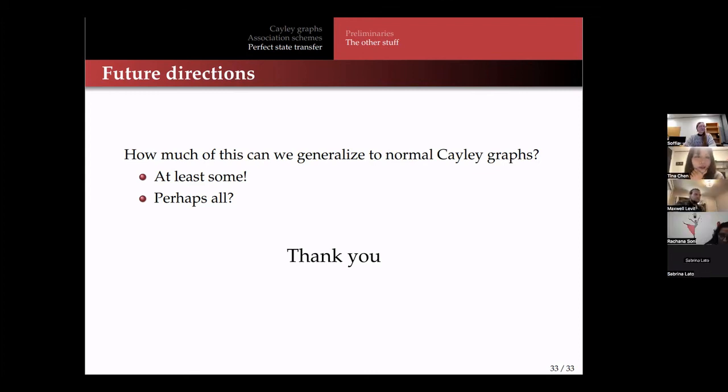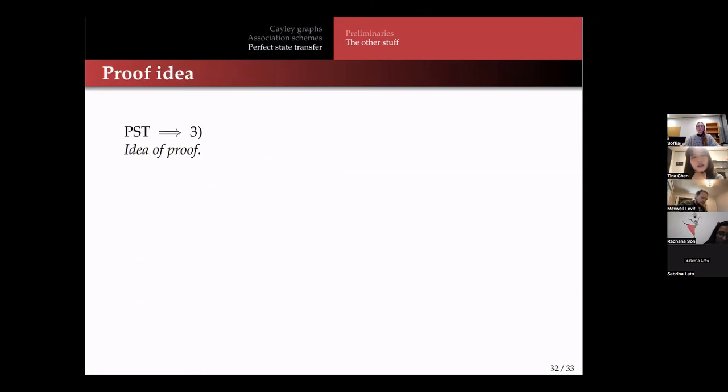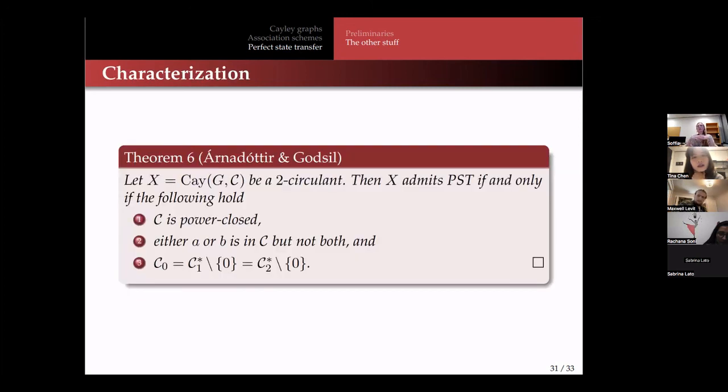Okay, so I was actually wondering, you say you can generalize it to some of the normal Cayley graphs, or like some of the properties can be generalized to normal Cayley graphs? So yeah, they could. I'm hoping that some of these things that we have done, and maybe even this characterization of the perfect state transfer, could be generalized to all normal Cayley graphs.